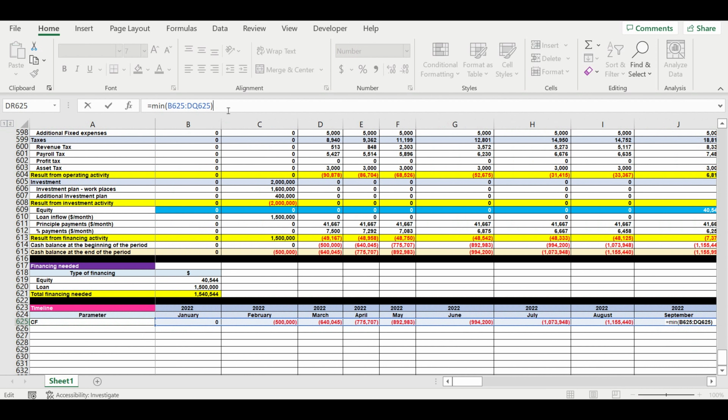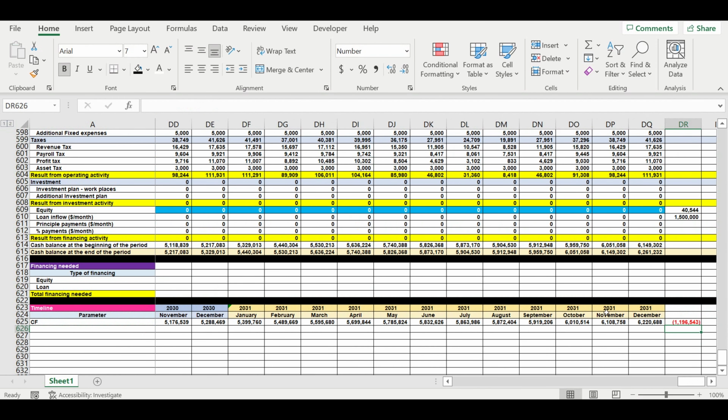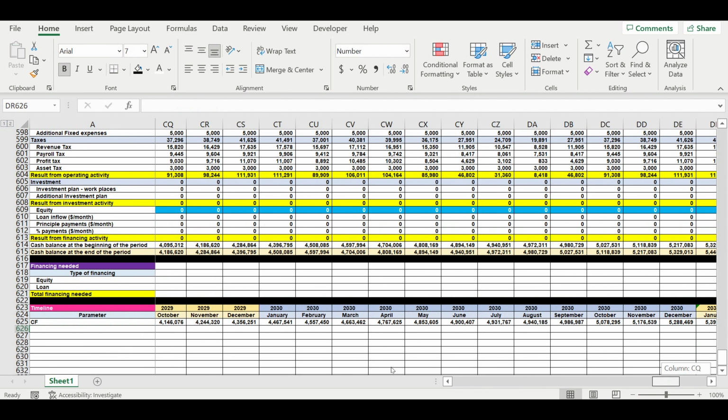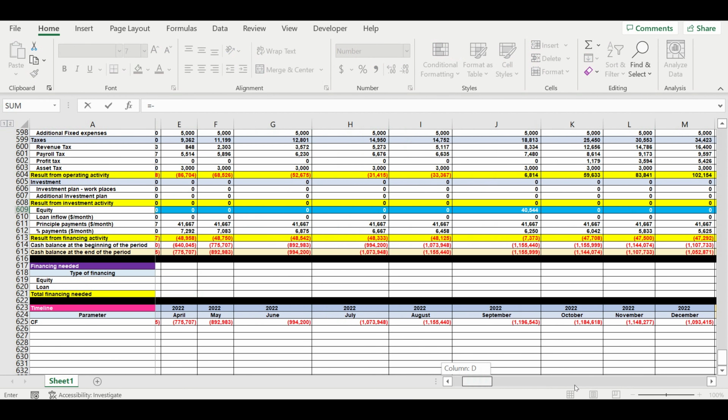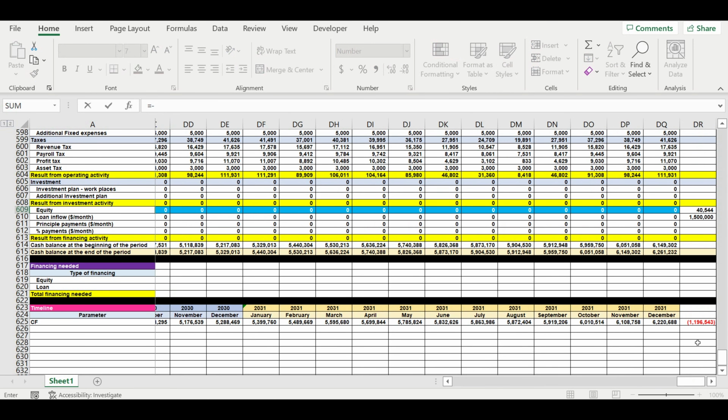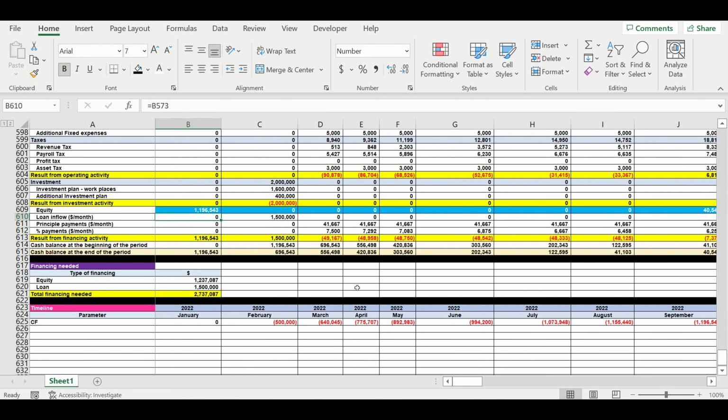And my next step, I will be going, for example, here and pasting this value with an opposite sign. So here you can see the minus. Then I press enter, and now my story with financing is completely automated.